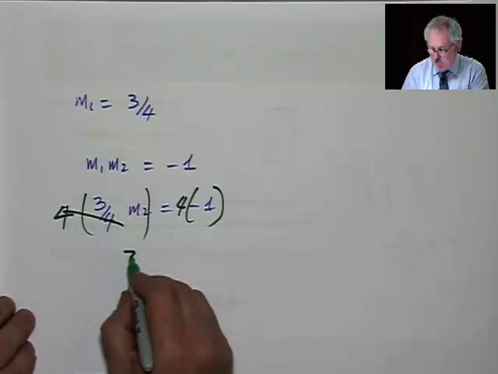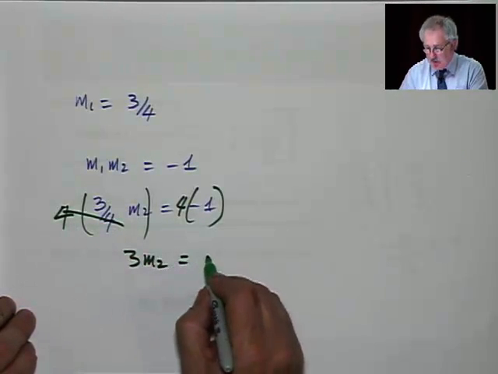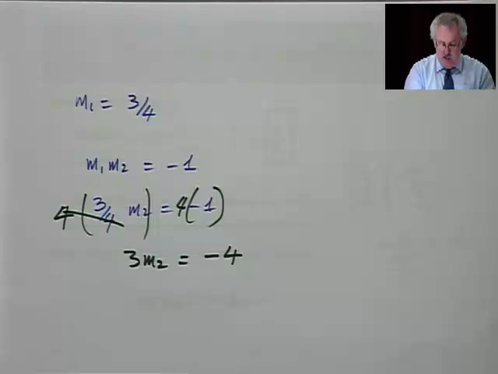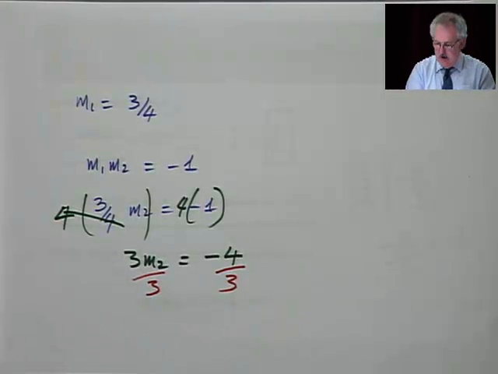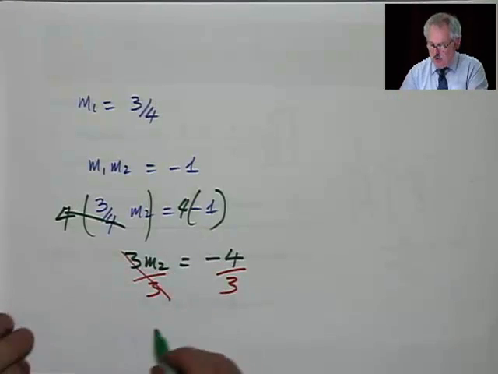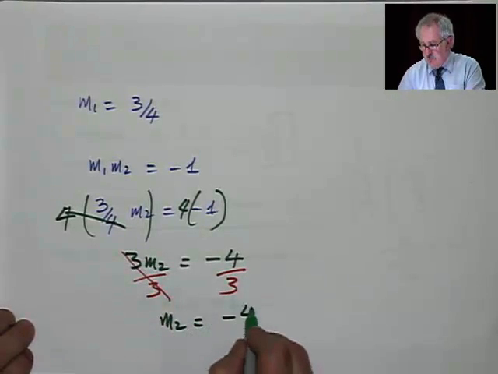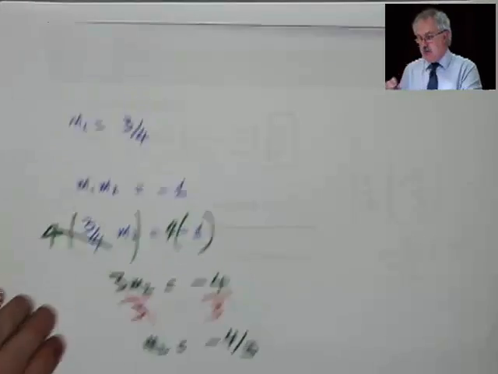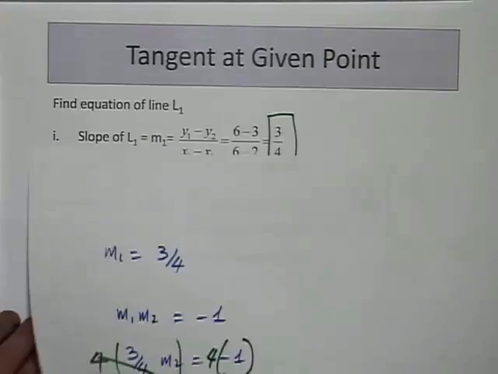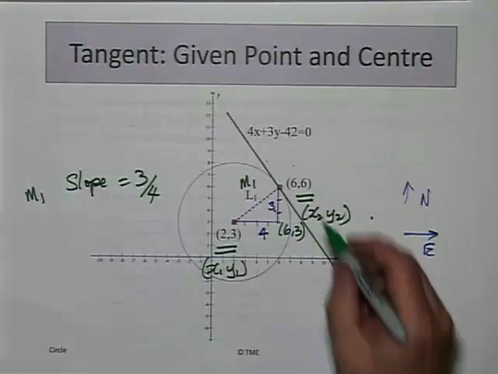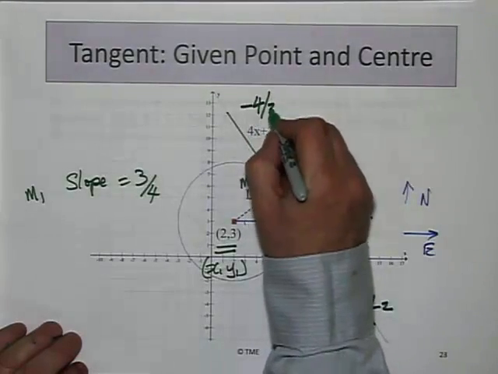So I get 3M2 is minus 4. Now let's get rid of the 3. And I say M2 is minus 4 over 3, which is what we got here by flipping it. Now we know at this point that the slope of this line is minus 4 over 3.